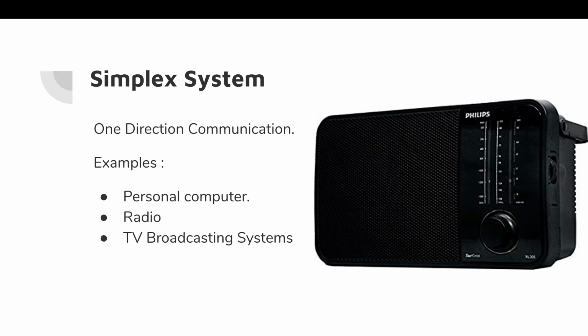Third is the TV broadcasting system. Till now you would have understood why it is also known as a simplex system, because signals are received by a DTH cable or your dish TV, and based on those signals your TV comes up with the different channels or videos.